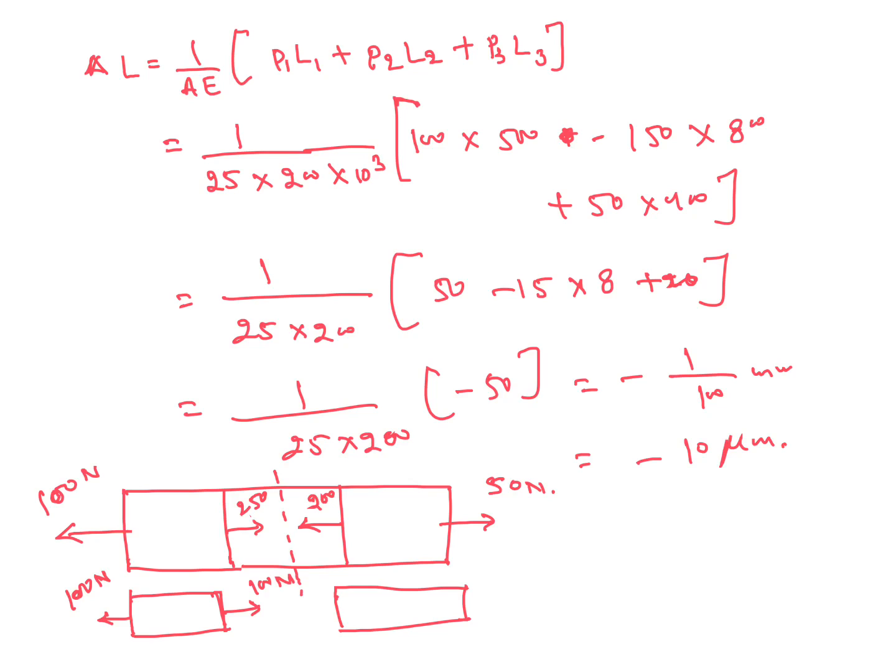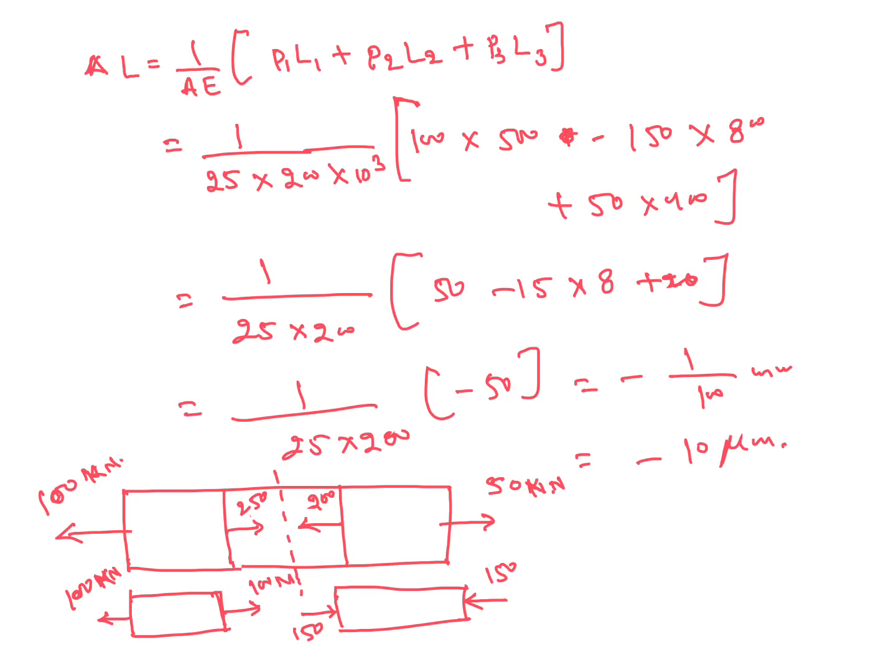From here if you take the left side, compressive 250 and tensile 100. So it is minus 150 or 150 kilonewton, both are compressive.